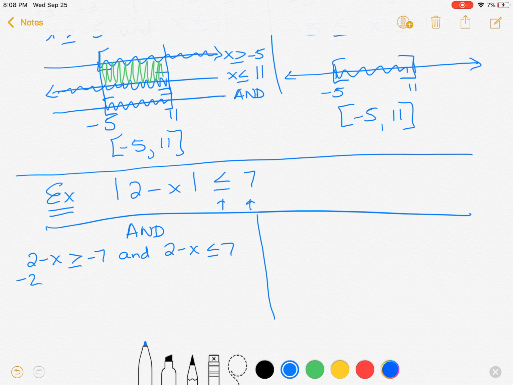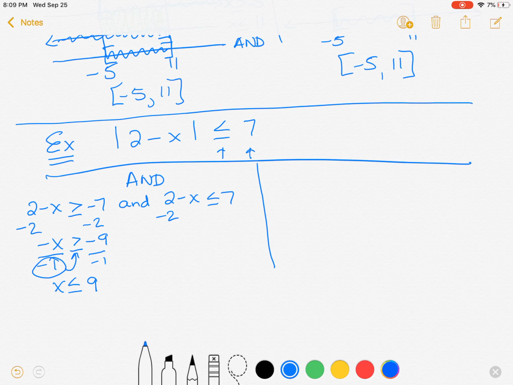Then I'm going to subtract 2 from both sides, so I get negative x greater than or equal to negative 9. Now I need to divide both sides by negative 1. But because I divided by a negative, I have to flip the inequality sign. And that's going to give me positive 9.